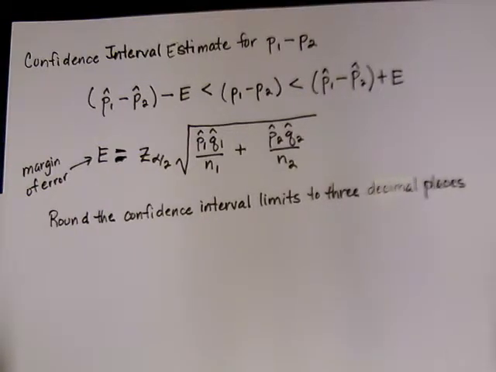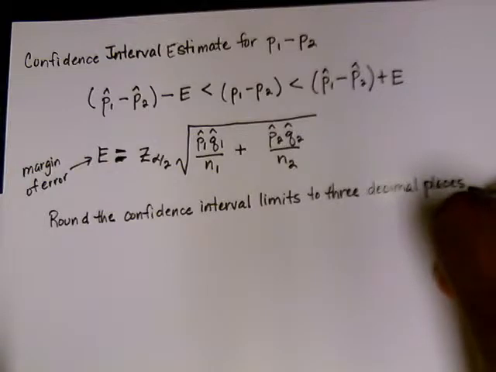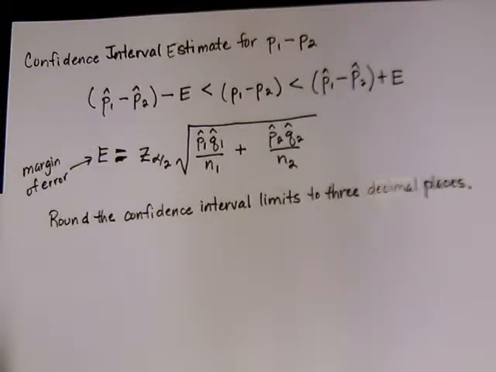Okay, 3 decimal places is what you round your confidence interval limits to. Okay. And also we can use the TI-83 or the TI-84 plus graphing calculator to come up with the confidence interval as well as the hypothesis testing procedure as well.